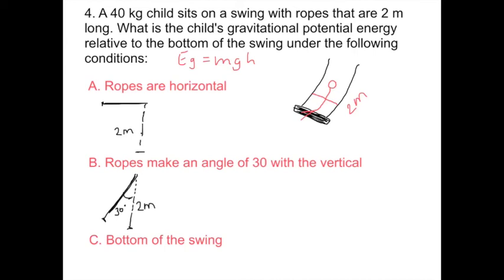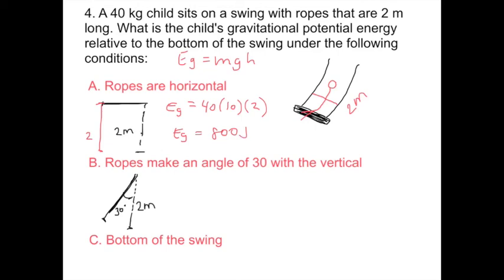So if the ropes are horizontal, the height of the child on the swing is going to be 2 meters above the bottom of the swing, as I've labeled. So now we're solving for gravitational potential energy. We know that the mass is 40 kilograms. G we'll call 10 for the sake of making this calculation easier. And the height is 2 meters. We multiply that out, and we get that the energy due to gravitational potential is 800 joules.